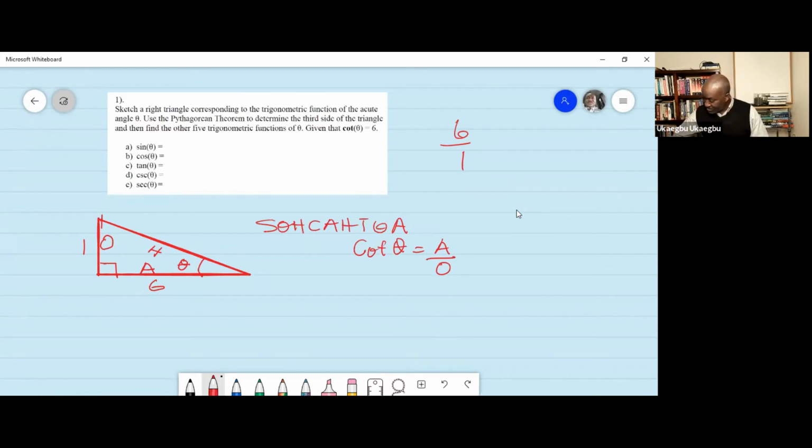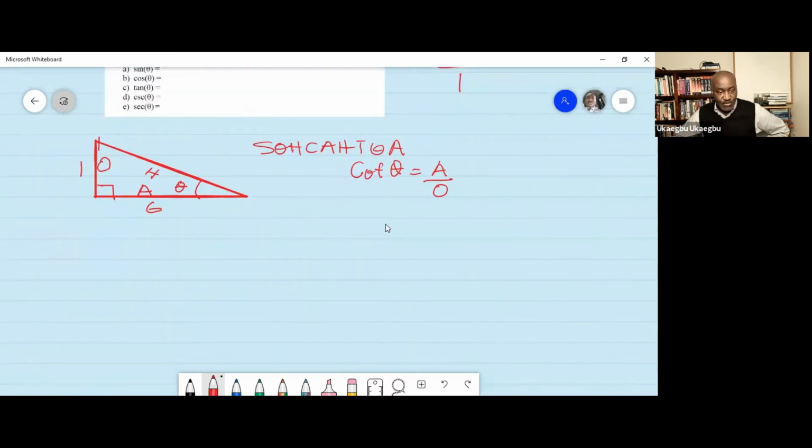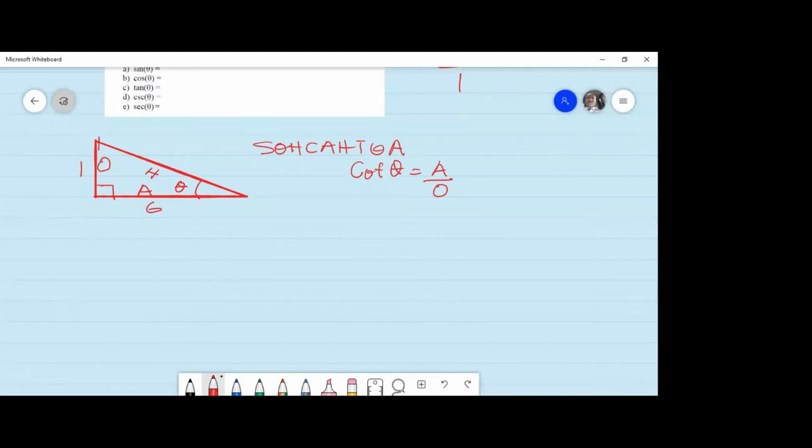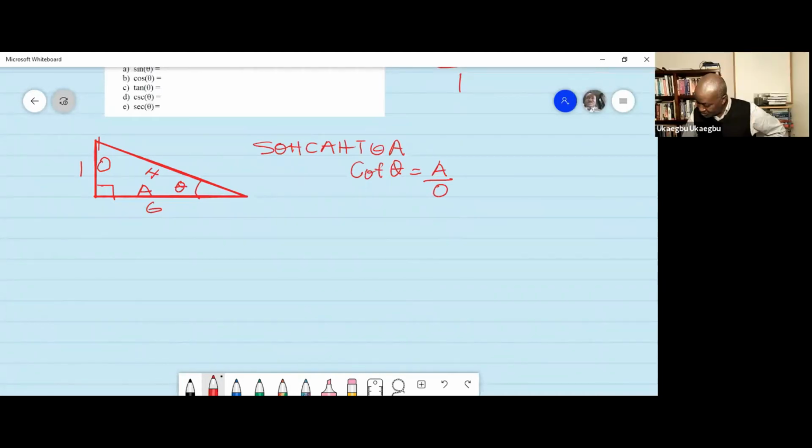How do we determine the missing side of a triangle? Use the Pythagorean theorem. The formula is C squared equals A squared plus B squared, right? So let's write our Pythagorean theorem.